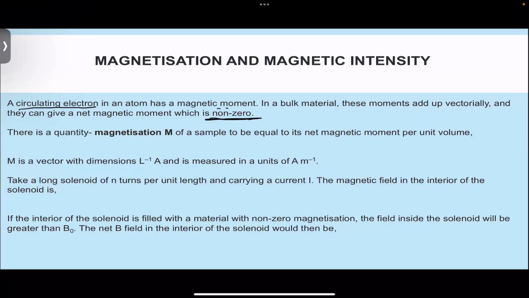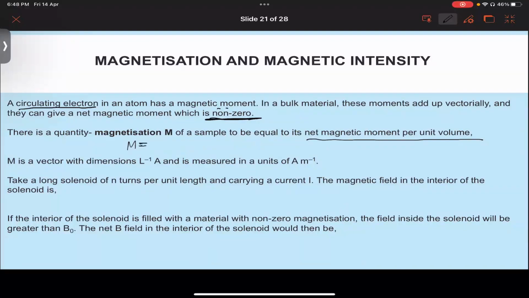The term magnetization of a sample can be defined as the net magnetic moment per unit volume of that material. We can write it as M equals M net upon the volume of the material. M is equal to M net by volume.